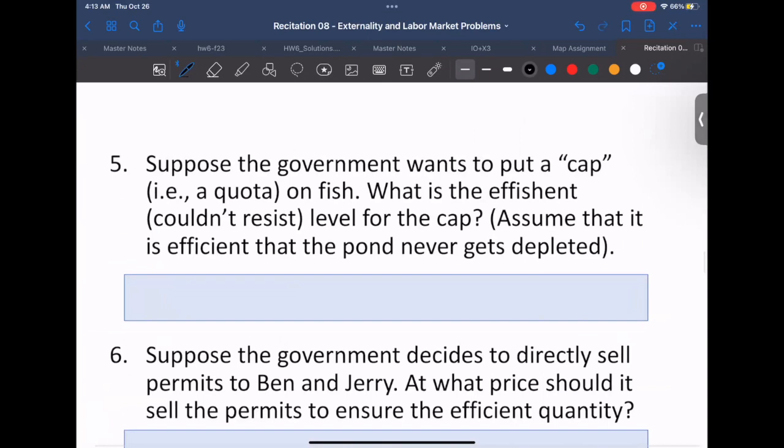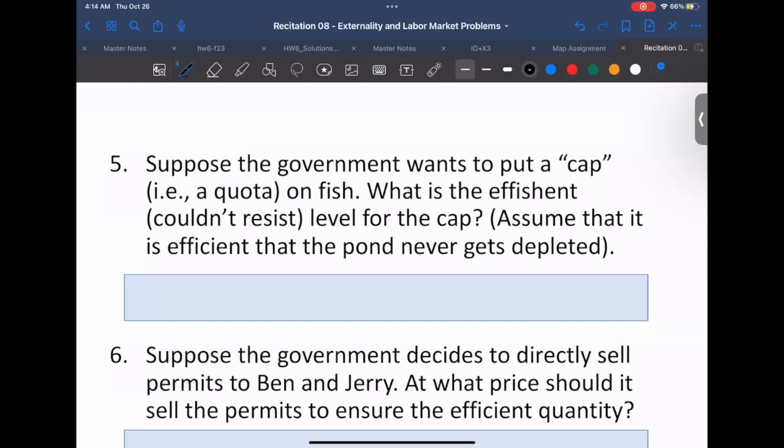Now, assume that the government wants to put a cap or a quota on fish, or on pounds of fish being fished. What is the efficient level for the cap? So the efficient level is just going to be the level of fish that are caught that maximizes the surplus of fishers and anybody else while also not depleting the pond entirely.